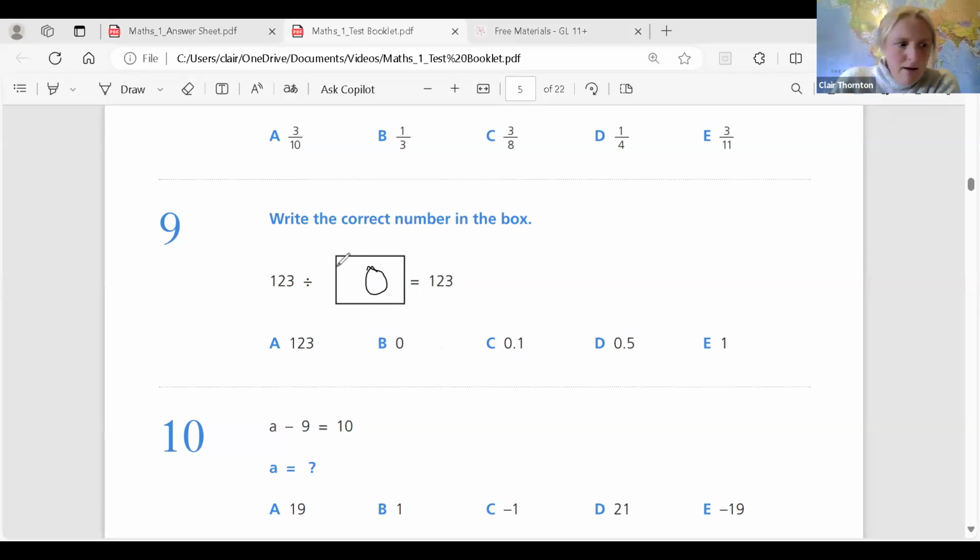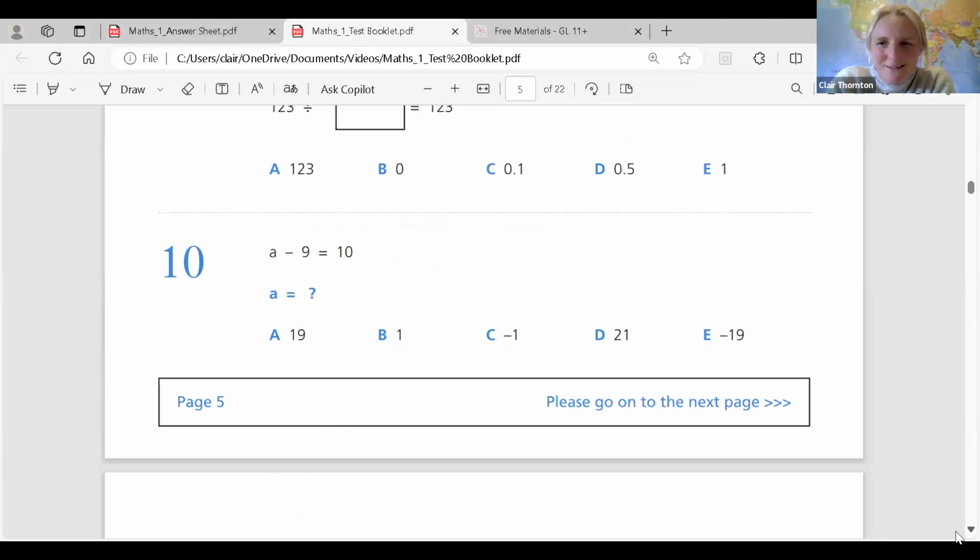But actually be really careful, because yes, if it was a subtract or if it was an add, then we would have 0 in here, but it's dividing, okay? So be careful exactly what they're asking you for, because sometimes the simplest questions are the ones that people get stuck on because they're almost too simple in a way. Okay, so obviously with that one, you can work out what that one is, can't you?